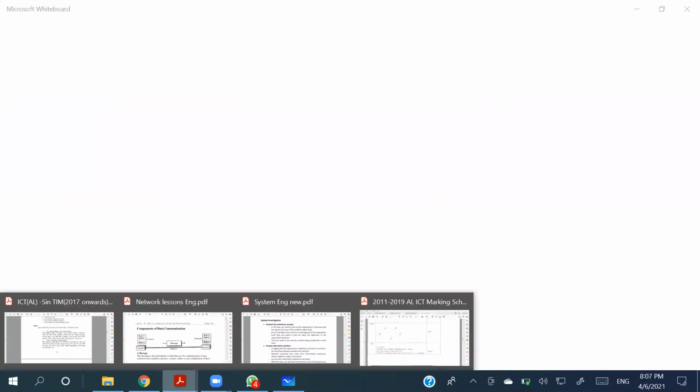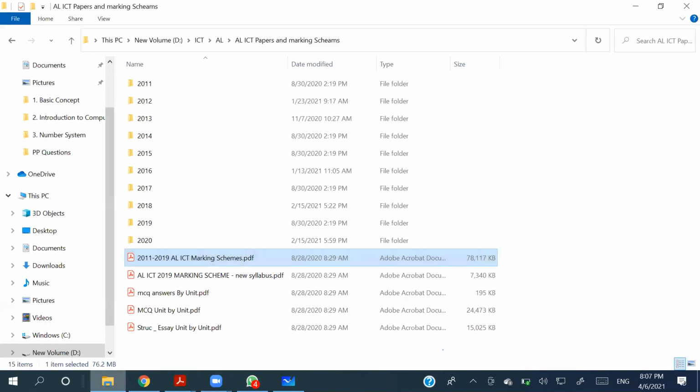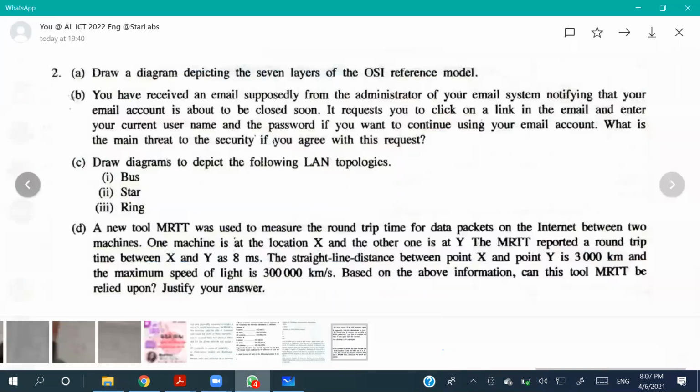Right. So now in the D part, they are talking about some particular device. MRTT was used to measure the round trip time for data packets on the internet between two machines.